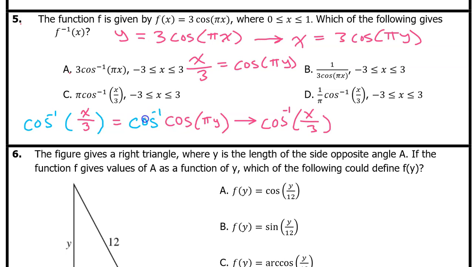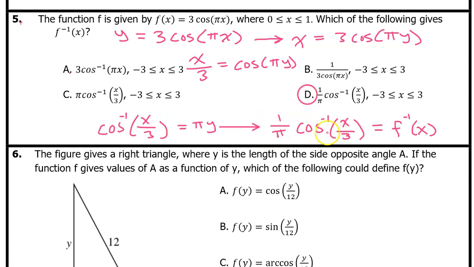On the right side, arc cosine and cosine cancel each other out, leaving simply pi times y. To get y by itself, I will divide both sides by pi. So I'm going to end up with 1 over pi in the front. So f inverse is 1 over pi times arc cosine of x over 3. So the answer is D.